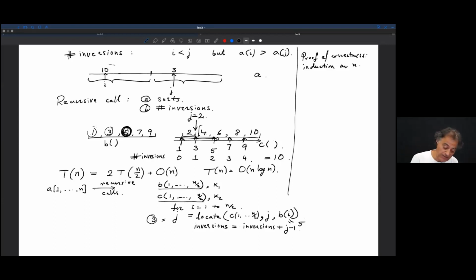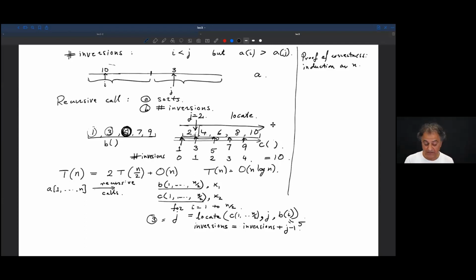We are iterating i equal to 1 through n over 2, but locate is walking across this array. It starts from the left end and processes the first element, so it walks across some distance. And the next time we call it on the next element, it doesn't start from the beginning all over again.